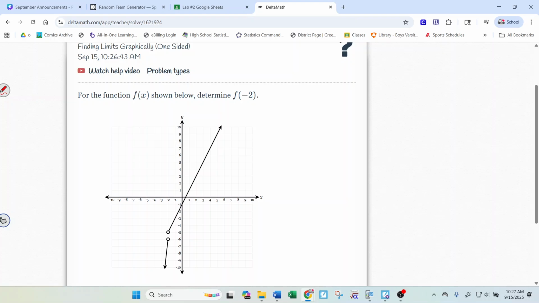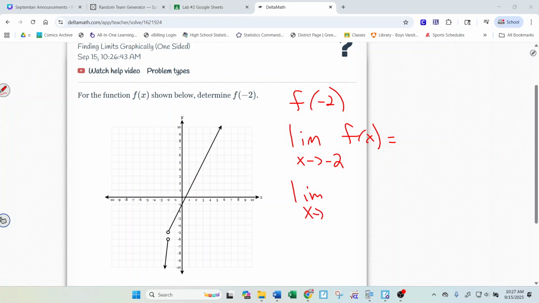So let me see if I can write. Can I write on here? Let's say I have this. We have 4 things here we have to talk about. So we have the limit at -2. Does that limit exist?